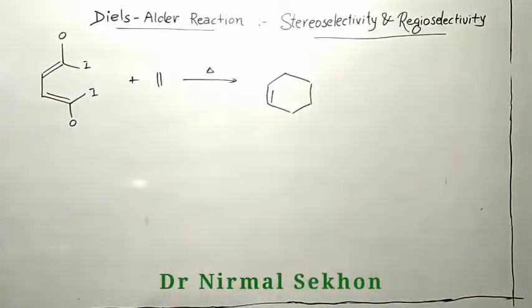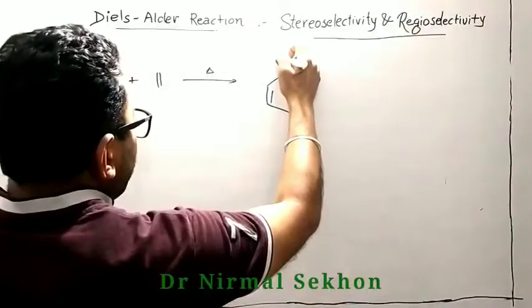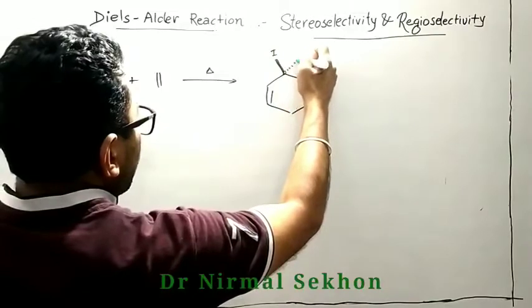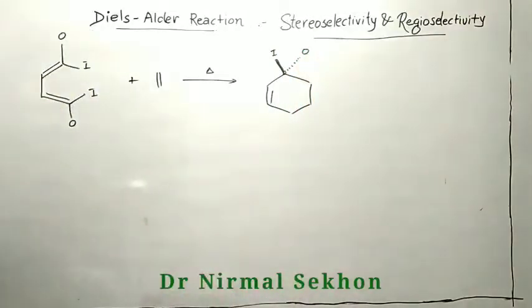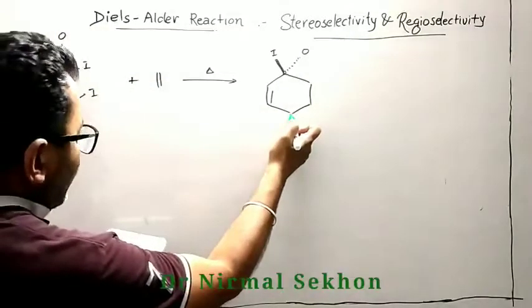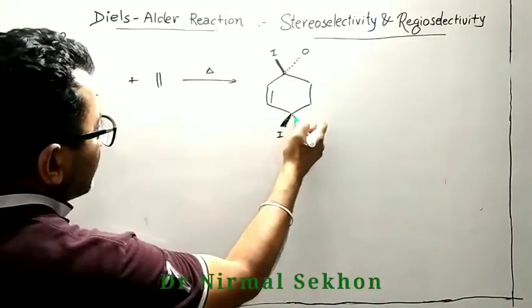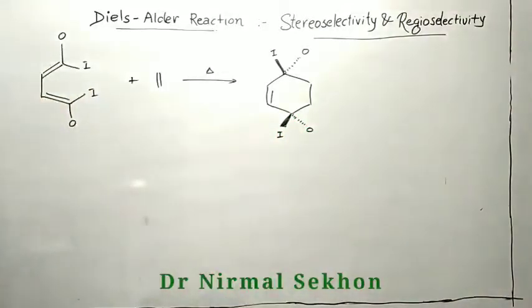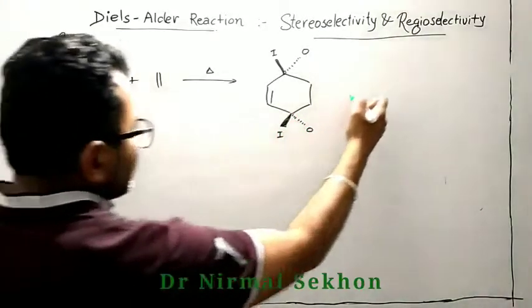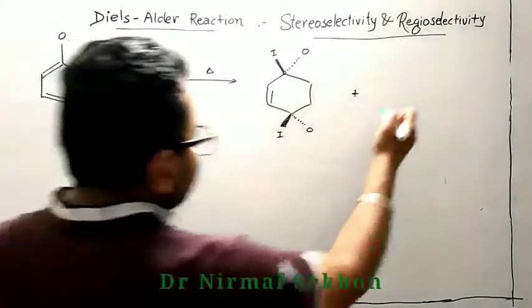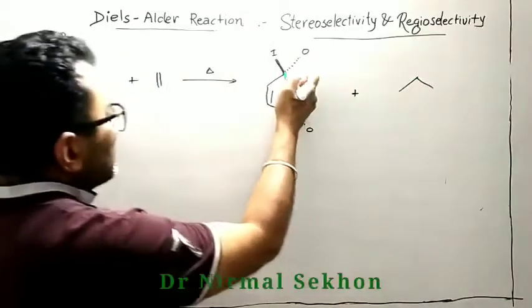Cyclohexene, so this is formed. Then we can take iodine, I means inside, O means outside. Okay. So here we have inside, outside, plus the opposite of this, because this carbon is a stereocenter.